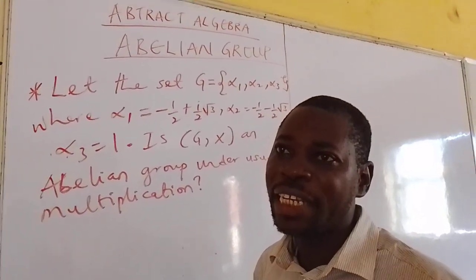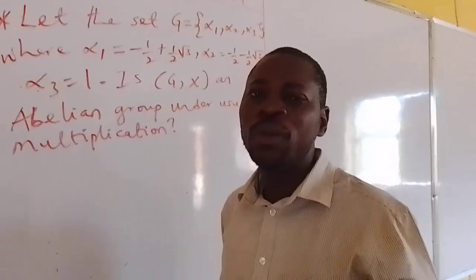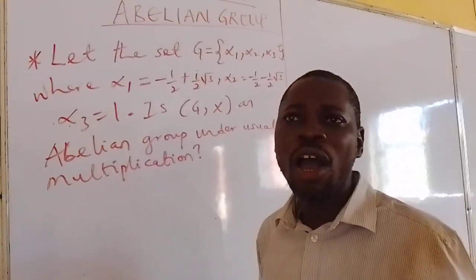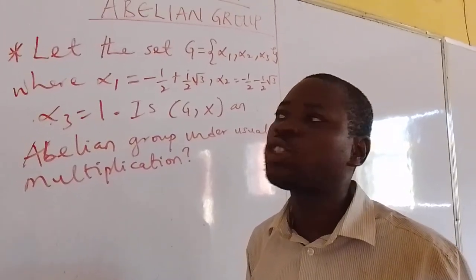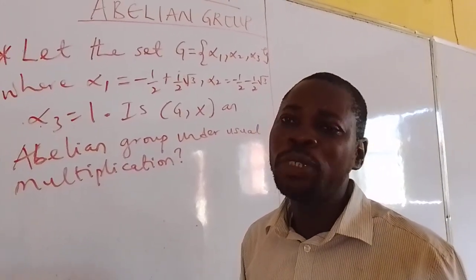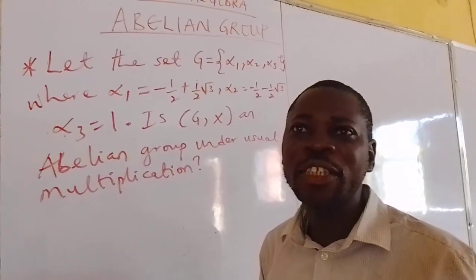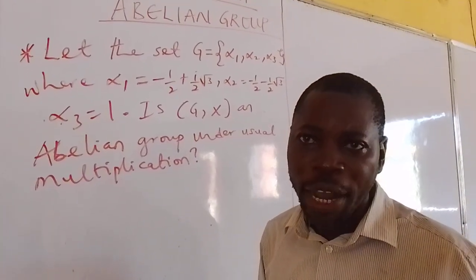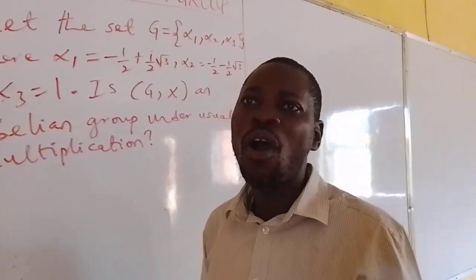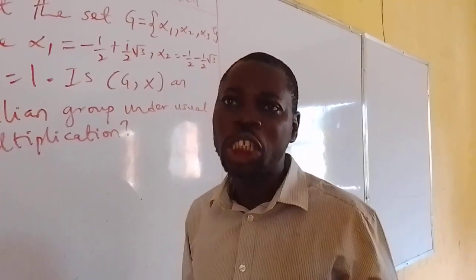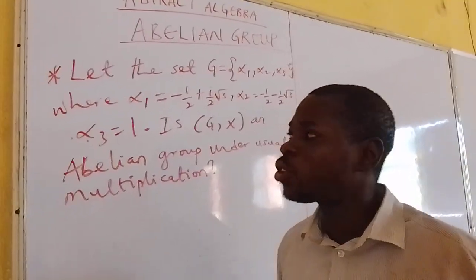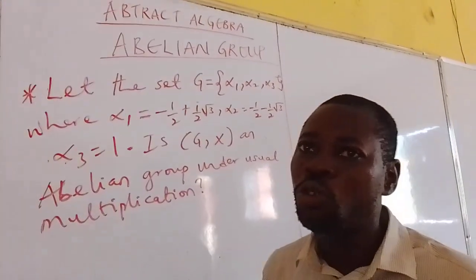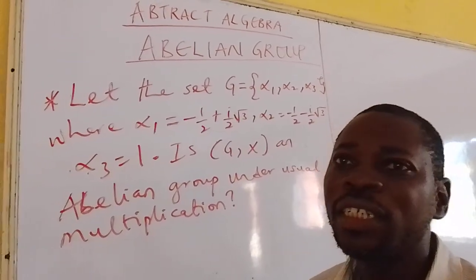So what are we saying? If we want to define a group, let G be a non-empty set endowed with a binary operation star. The couple (G, star) is said to be a groupoid if for all a, b in G, a * b is in G. So if that one is satisfied, the group is closed.